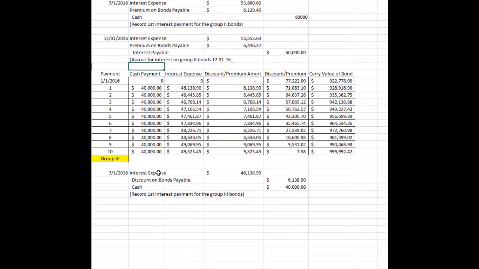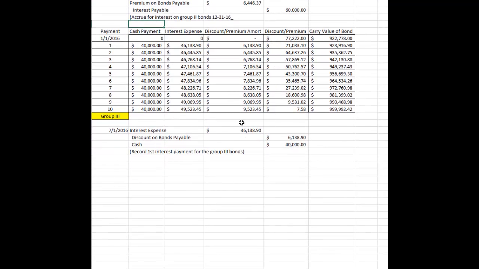Group 3 bonds are somewhat similar. Remember, we only have 6 months' worth of interest. We need to get 6 more months' worth of interest because we borrowed the money for the entire year. So we record interest expense, and the interest expense amount again comes from the amortization table. It's the second interest payment period, 46,445. Again, we're not paying cash. We'll give them a promise that they can come back the very next day and collect the cash.